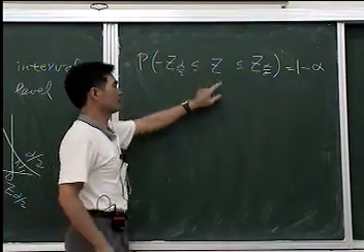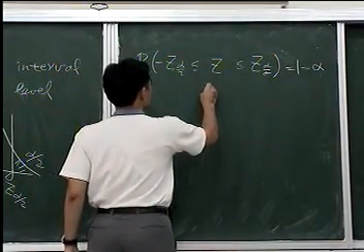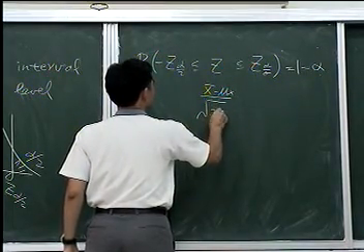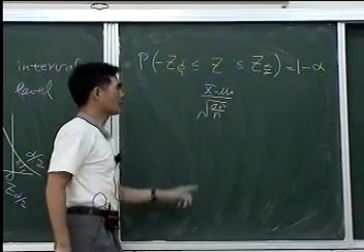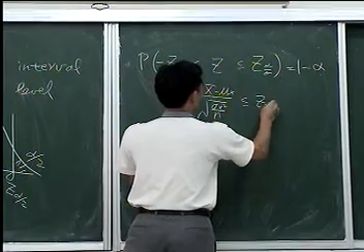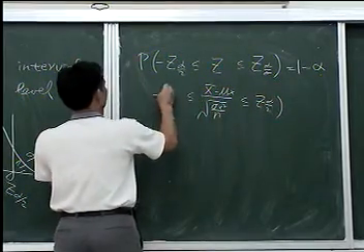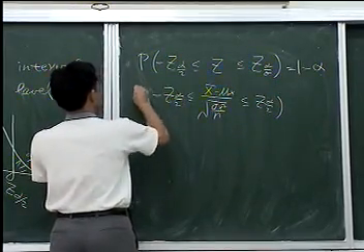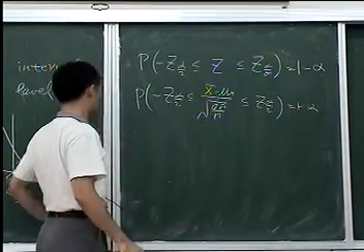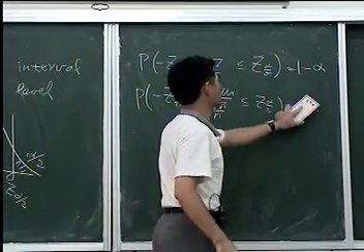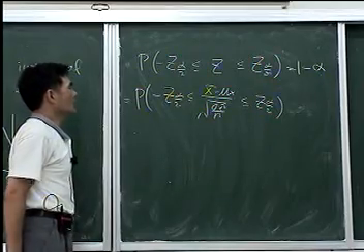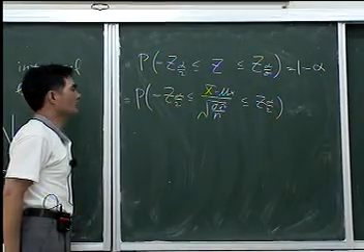And then what is Z? Z is equal to x bar minus mu x divided by this, and the same thing here. Now let me get rid of this part because we already know the probability is 1 minus alpha. Then let's try to simplify this.